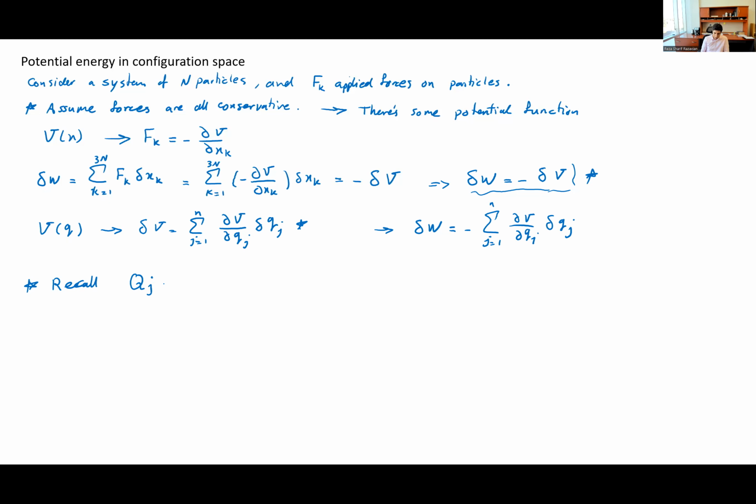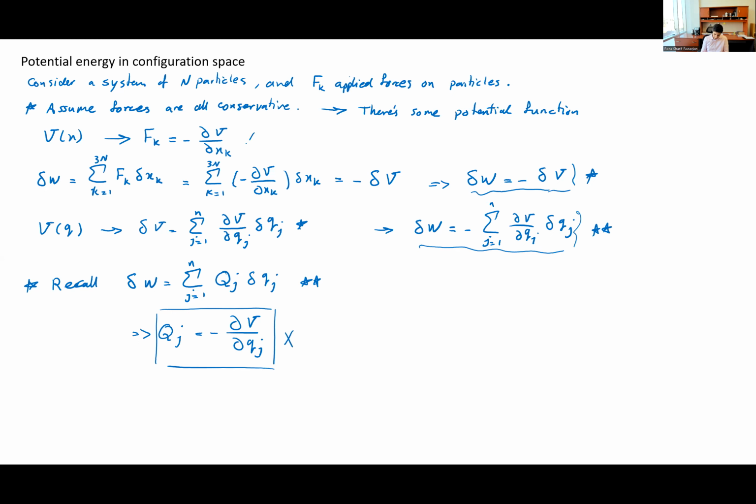So we could define the virtual work as the summation over all these generalized forces, Q_j δq_j. Now compare this one and this one: we can see that our generalized forces take a similar form, the negative partial derivative of V with respect to that coordinate q_j. Notice the similarity of this with that.